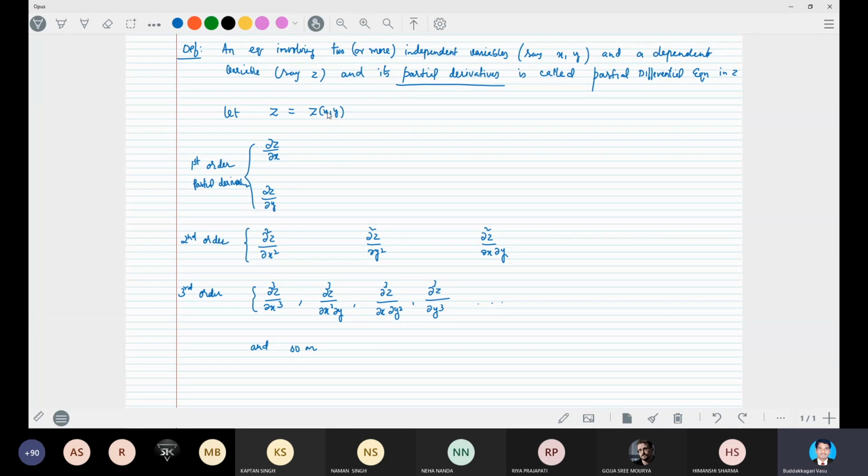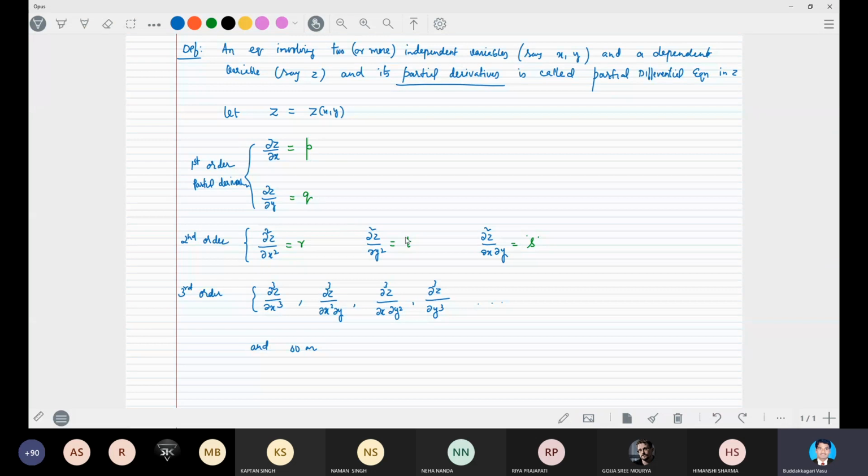In such a case, we can define the first and second order derivatives of z with standard notations: ∂z/∂x as small p, ∂z/∂y as q, ∂²z/∂x² as r, ∂²z/∂y² as t, and ∂²z/∂x∂y as small s.